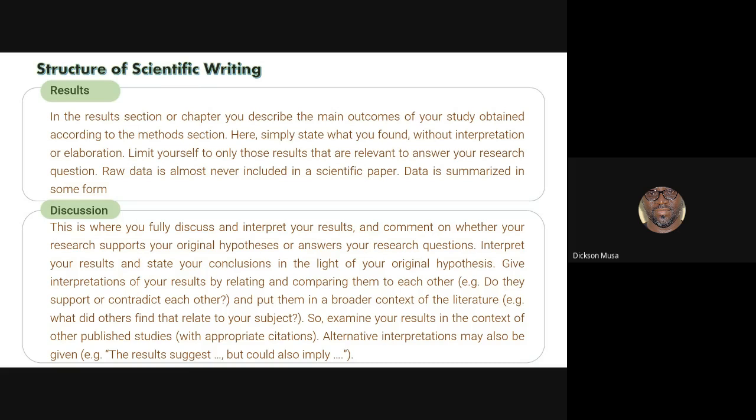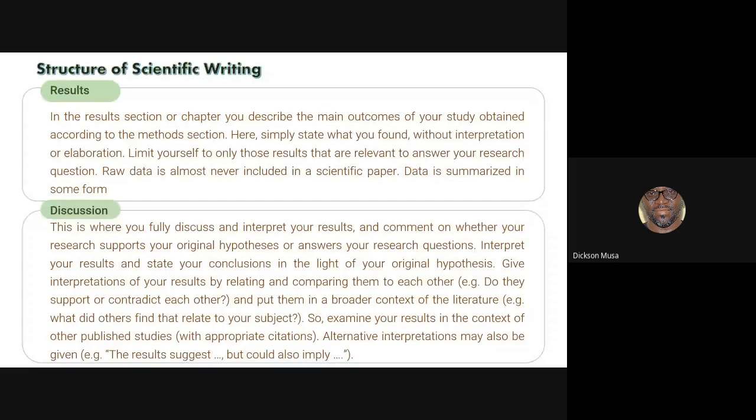Then you put it in the broader context of the literature. That is, what did others find that are related to your subject? Just like our friend Tijani had to quote Baker 2001 and 2023, who also discovered that bread was soft. So you must be able to relate that in your discussion section. You don't just interpret your finding.